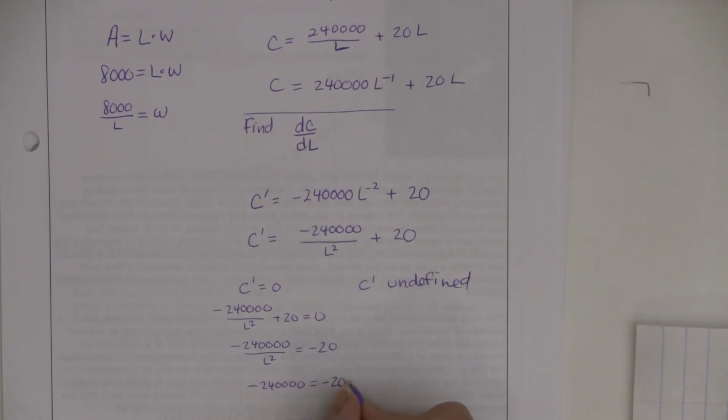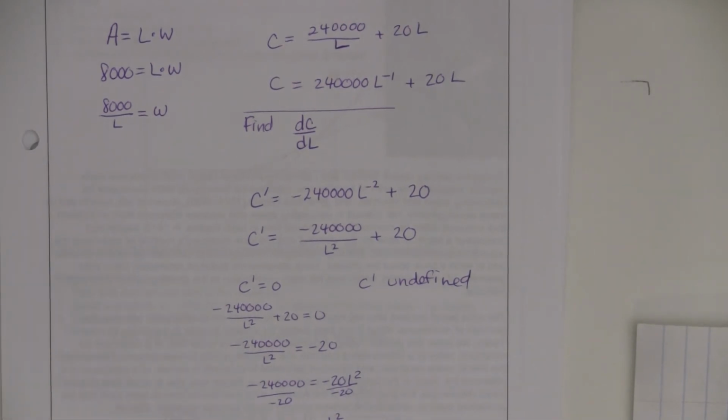Equals negative 20 L squared. And divide by negative 20. So we get L squared equals, and I'm going to allow myself the grace of using my calculator on that. So I got 12,000 equals L squared.